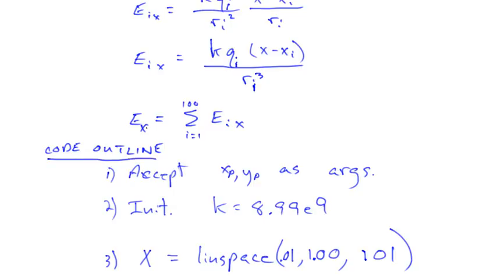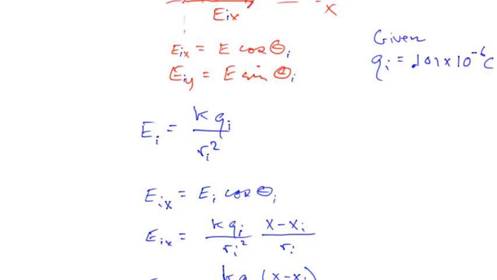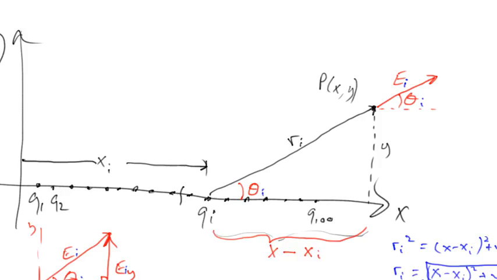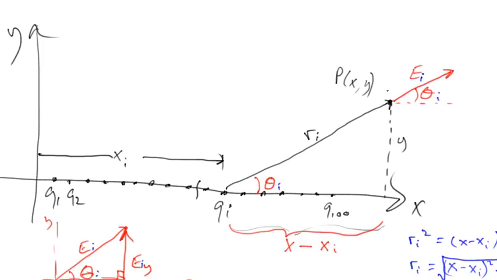And I think I've cracked this problem. Just a quick review. It wanted us to find the electric field X component at this point due to all these charged particles. So for each charged particle, I find the contribution to the electric field it makes, and then multiply that by the cosine of theta to get the contribution to the X component of the electric field that it makes.